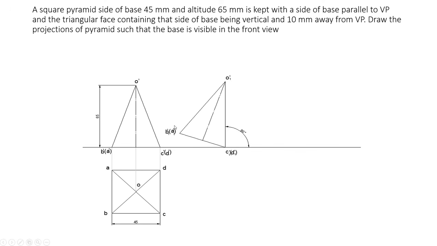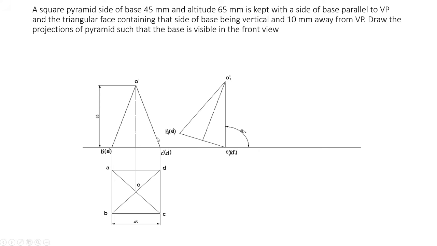Now it is given that the base edge is parallel and the triangular face is vertical. This is the triangular face in top view and this is the triangular face in front view. You want to make this triangular face parallel, so first you make it perpendicular. Keep this line some distance from here and draw this line perpendicular. Measure this dimension and draw that dimension line perpendicular. Name this point as O1 dash and C1 dash, D1 dash.